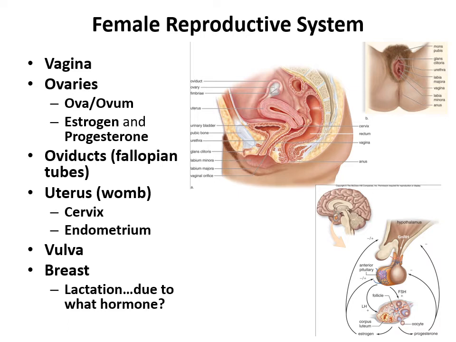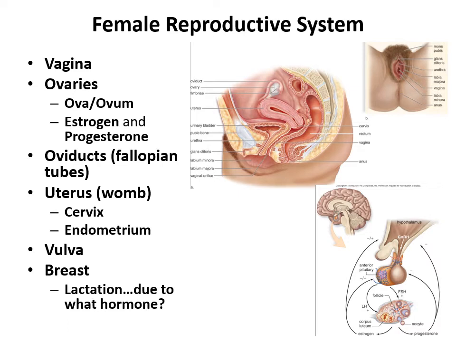Then the fertilized egg makes its way to the uterus, which is the womb, and that's where it attaches or sticks itself to the lining, and it's the site of development and protection for the fetus. At the bottom, the narrow end of the uterus is the cervix, which I'm sure you've heard of during labor.